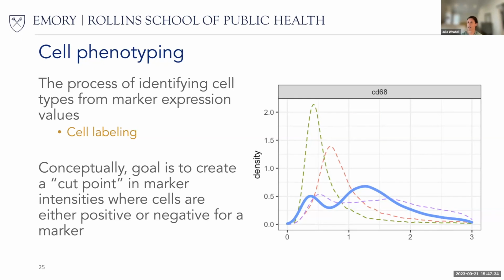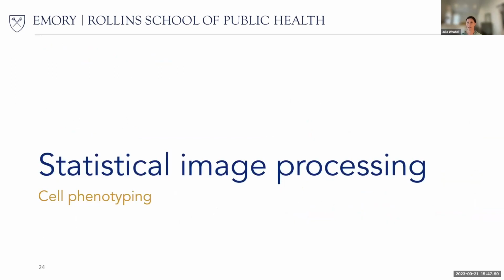I guess another way of saying that is the intensities don't have any kind of inherent unit. So by doing normalization, you're helping to make them more comparable across images and figuring out what counts as marker positive. Does that make sense?